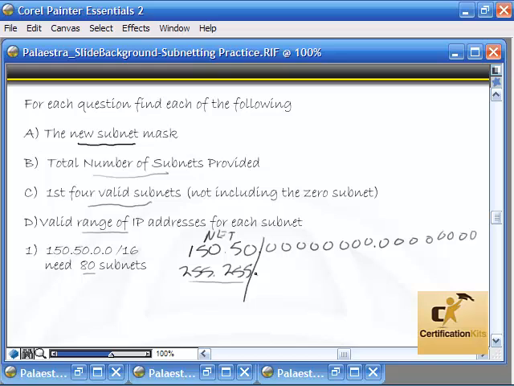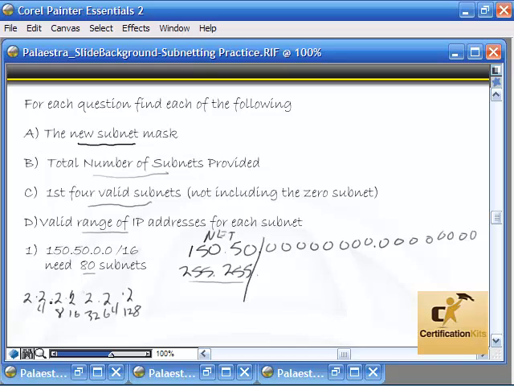I don't worry about filling the zeros down here in the subnet mask because I'm going to be adding some ones to it. Instead of /16, it's going to be something else. So now I just simply start multiplying 2's together until I get a number larger than 80. 4, 8, times 2 is 16, times 2 is 32, times 2 is 64, I'm getting close, times 2 is 128.